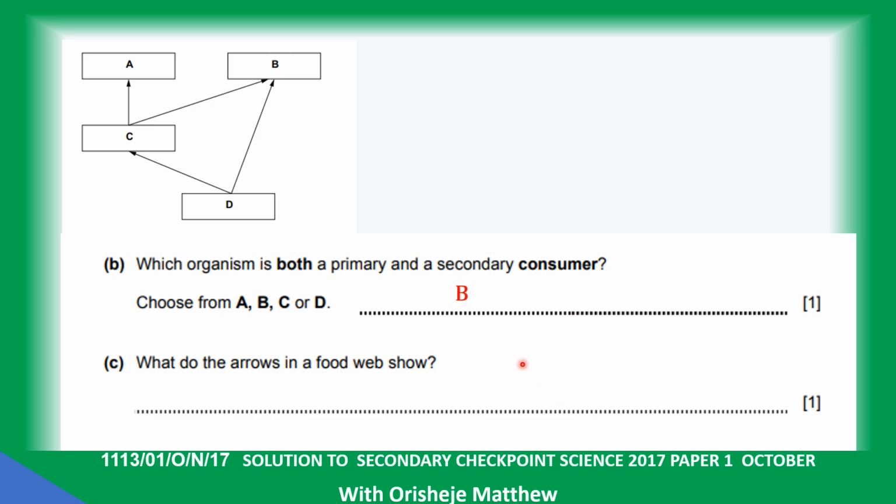B. E feeds on C and feeds on the grasses. D is the producer. What do the arrows in a food web show? It shows the direction of the transfer of energy.